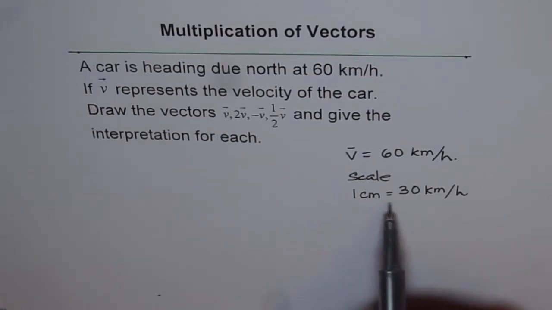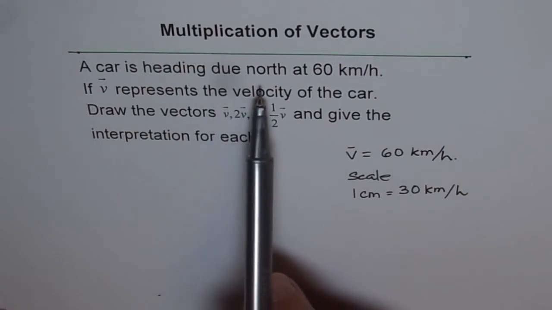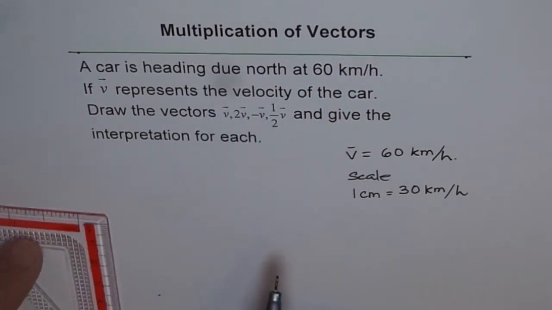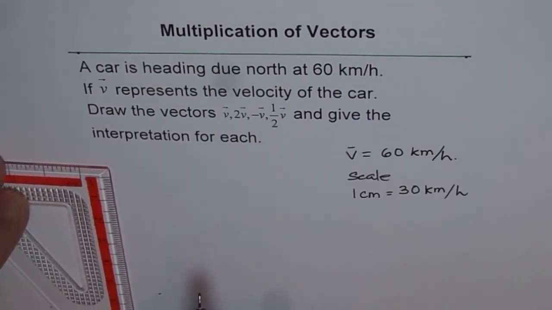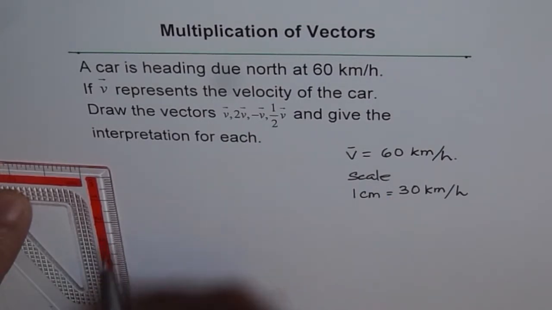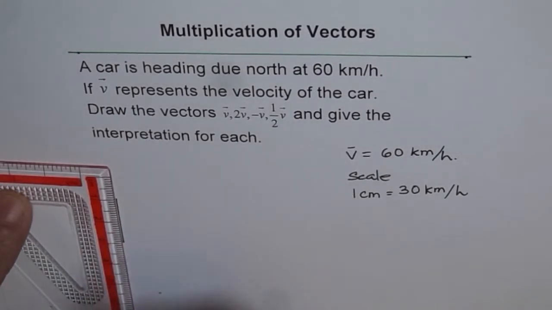So if 1 centimeter is 30 kilometers an hour, the car is going north, so vector v can be represented by a vertical line heading up, and the length of the line should be 2 centimeters. So let us say this is our line, 2 centimeters north.